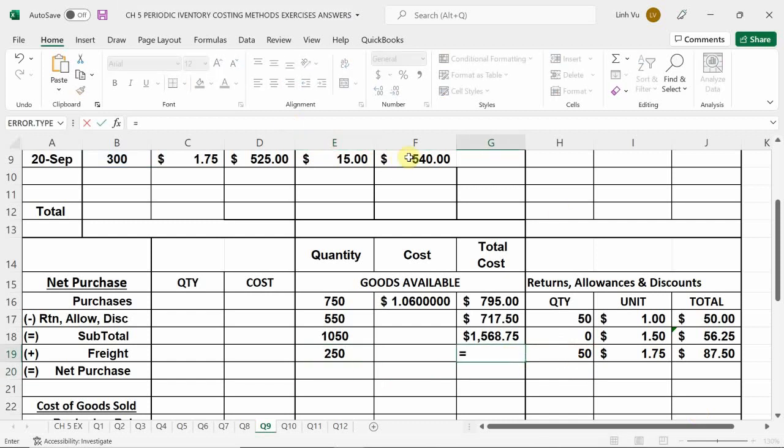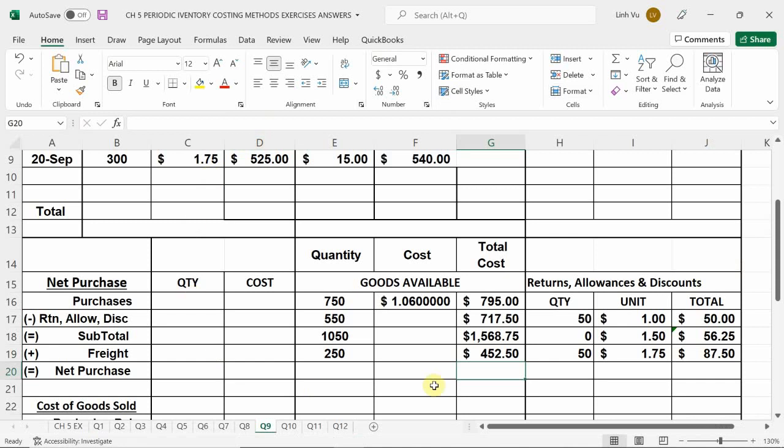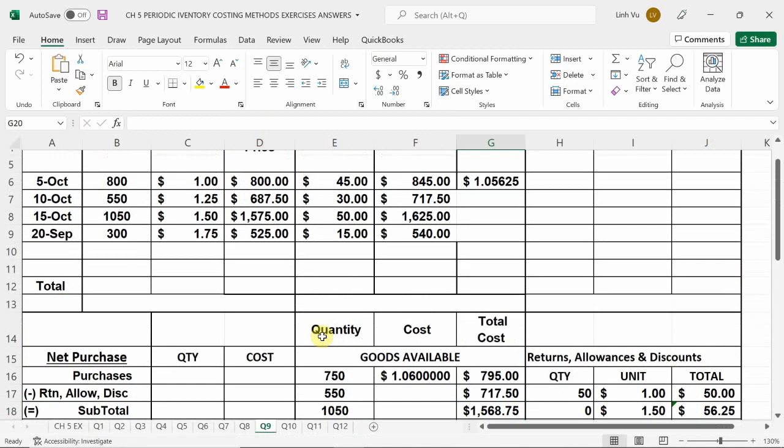My total cost that I owe right now was the $540, but I end up getting a $37.50 refund. Okay. So that is it for the scenario.